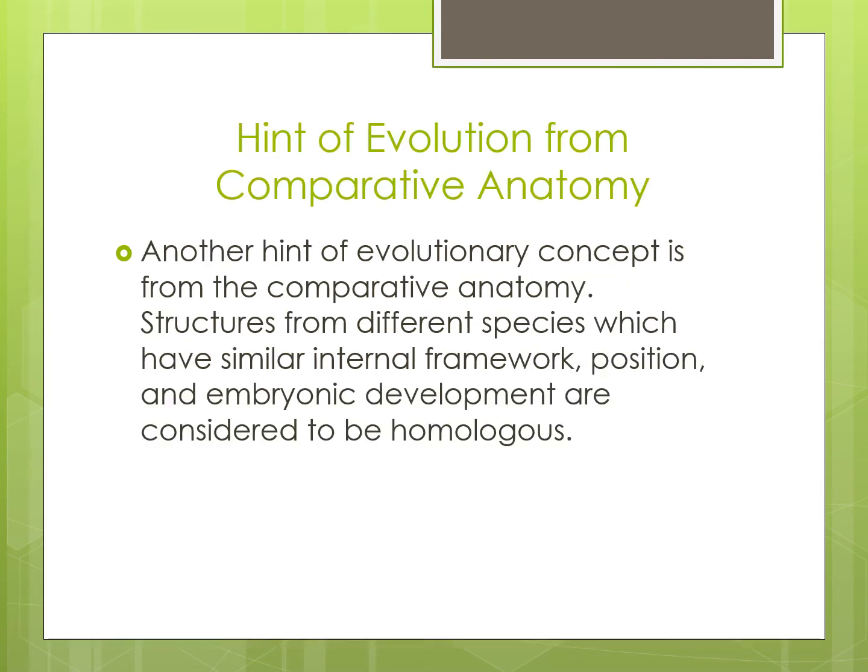Hint of evolution from comparative anatomy. Another hint of evolutionary concept is from the comparative anatomy. Structures from different species which have similar internal framework, position, and embryonic development are considered to be homologous.